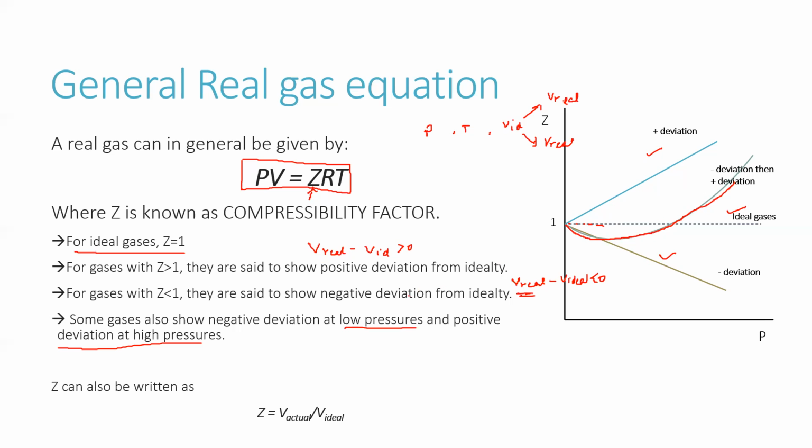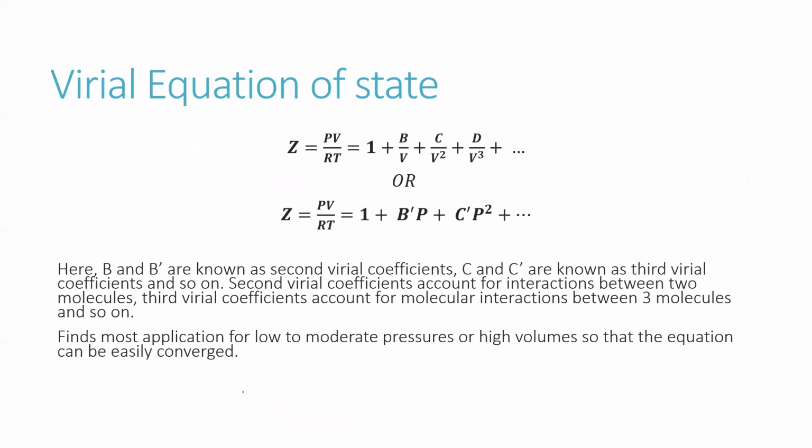So there are gases like that. In general, Z can be written as actual volume upon ideal volume. That is one very important thing about the compressibility factor.